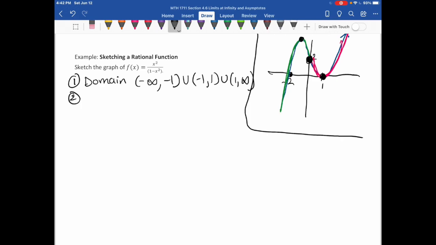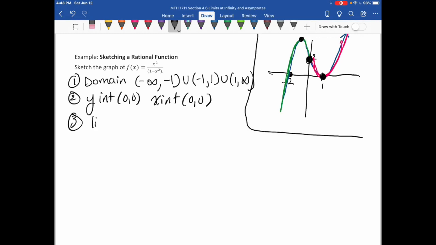So for the y-intercept, that's the value of y when I plug in x is 0. So when I plug in 0 as x, I get that the y-intercept is 0. And then because it's the special case where it crosses at the origin, the x-intercept is also going to be (0, 0).